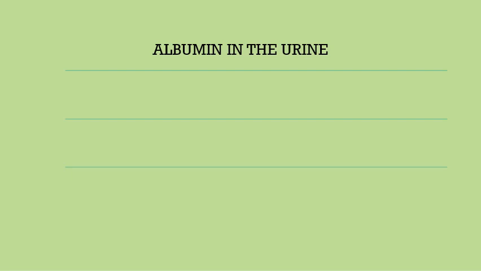So how do we pick up damage from diabetes at the level of the kidney? Well, we can do that by measuring albumin level in the urine. Albumin is a normal protein in our blood, and normally when our kidneys filter blood, it is able to hold on to albumin and other proteins.